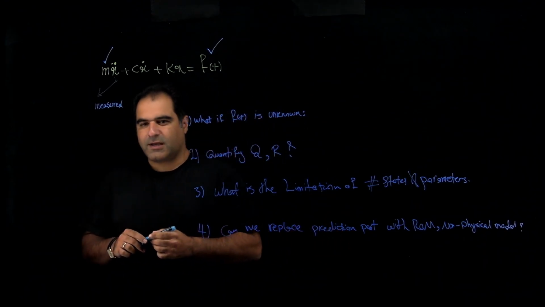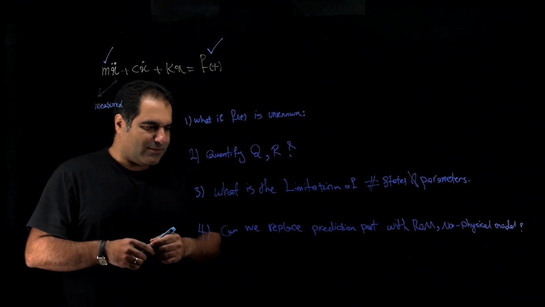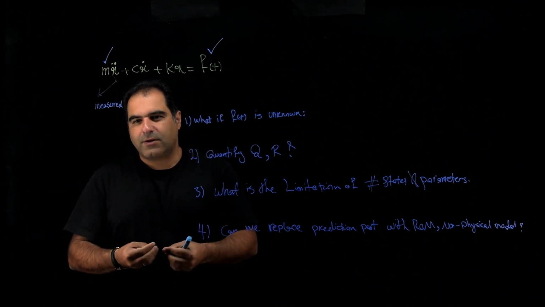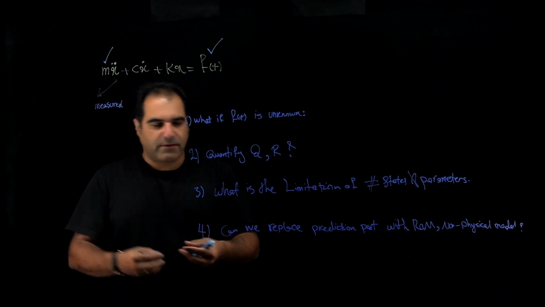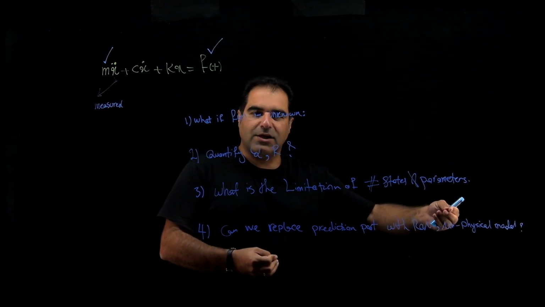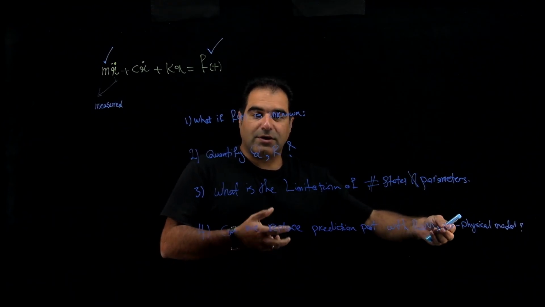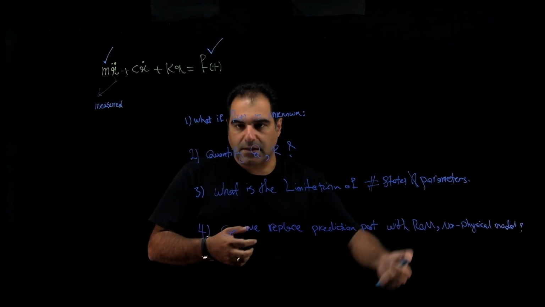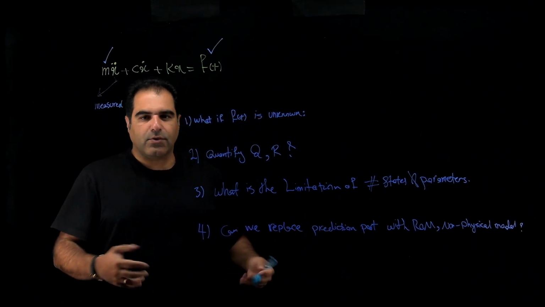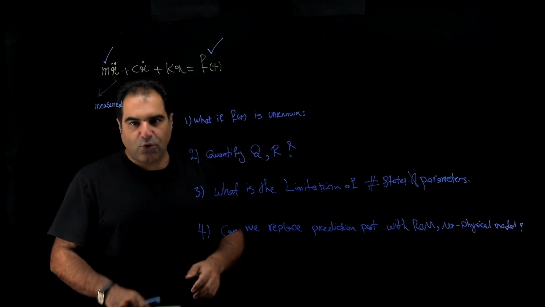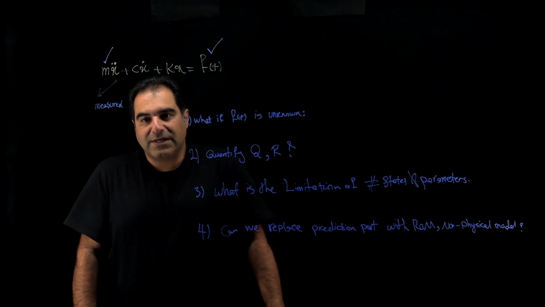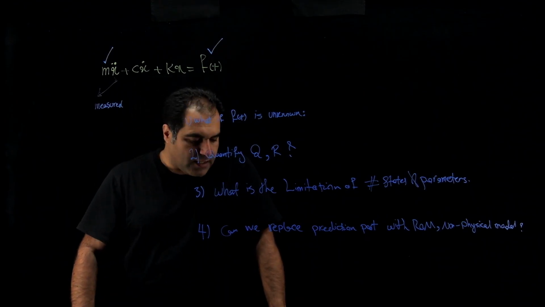For example, you have a bunch of data from a system, but you cannot write down the physical equation. Can you use the data, develop a reduced order model, use that reduced order model for model prediction, and update your reduced order model parameters based on the incoming data? Or use a non-physical model like LSTM or neural network or whatever. These are the open questions that people are still working on using different types of Kalman filtering.